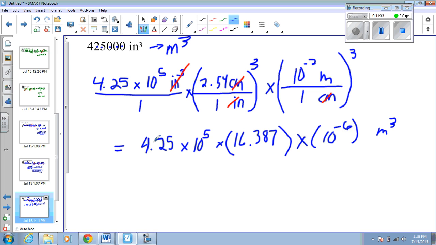So just got to multiply this through. I can multiply 4.25 times 16.387. And I get 69.6 with correct significant digits. And 10 to the fifth times 10 to the negative sixth is times 10 to the negative 1.